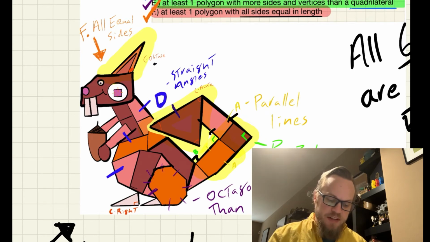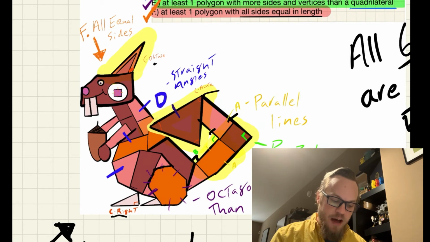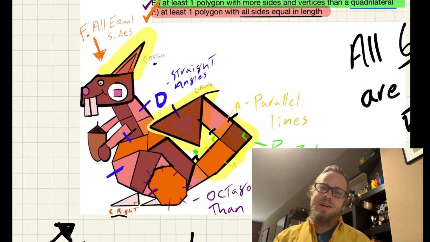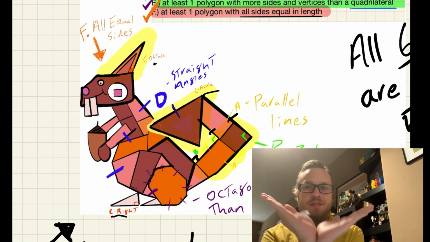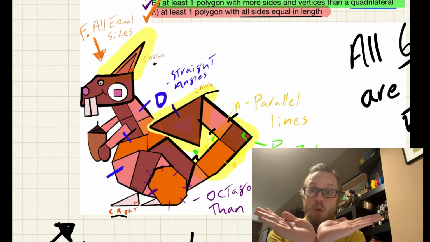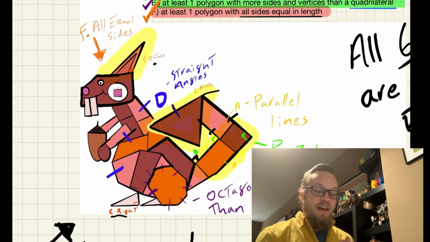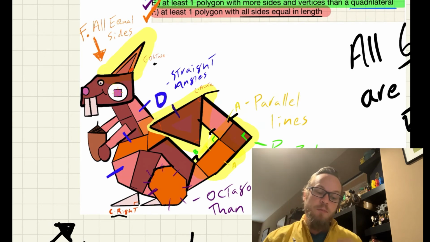C was my 3 types of triangles, so I had an obtuse, an acute, and a right triangle, all included in my drawing. For D, I have at least 4 straight angles. When I'm talking about straight angles, I'm talking about an angle that measures 180 degrees, or a straight line. E, I have at least 1 polygon with more sides and vertices than a quadrilateral.